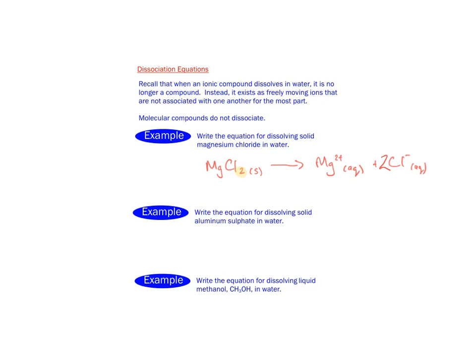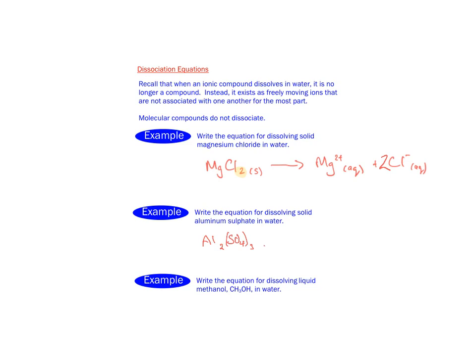Write the equation for dissolving solid aluminum sulfate in water. So aluminum sulfate would be AlSO4. The charge on SO4 is 2-, so that becomes a 2. The charge on aluminum is 3+, so this becomes a 3, which means we have to put that in brackets.